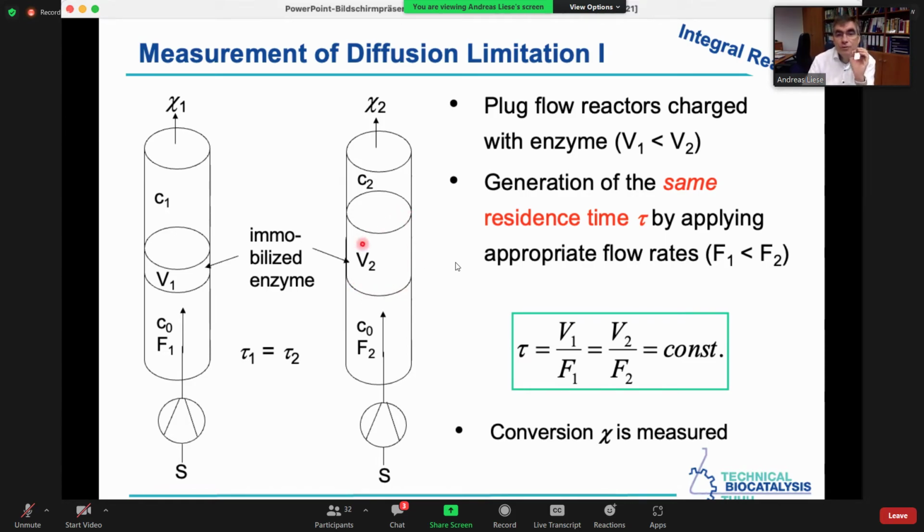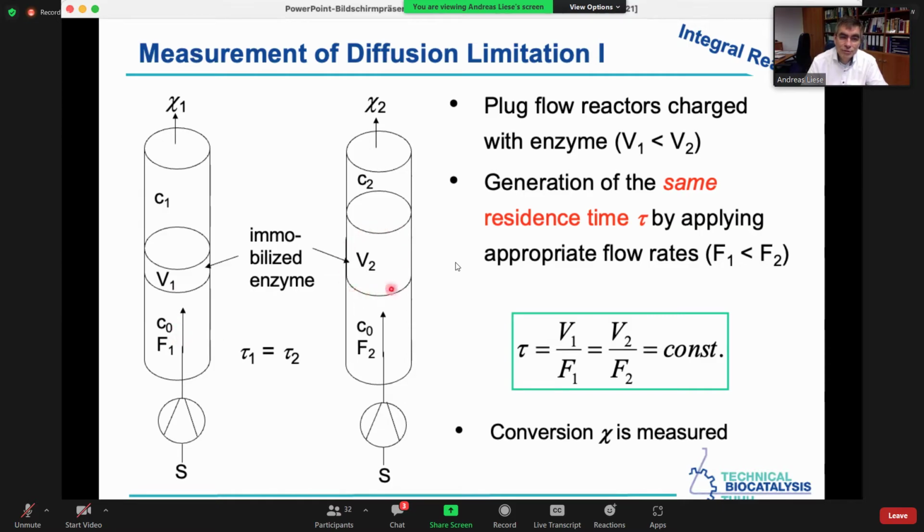Now, if we want to see if we can measure any diffusion limitation, we would like to operate both reactors with same residence time. Same residence time, since residence time is a quotient of volume divided by flux. Meaning, if we have a smaller volume, we have a lower flux.